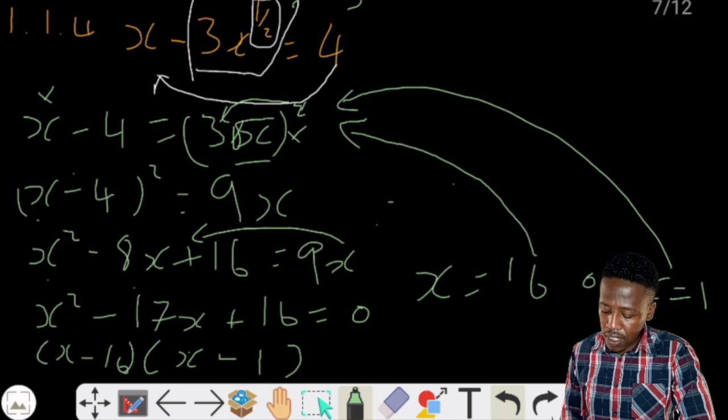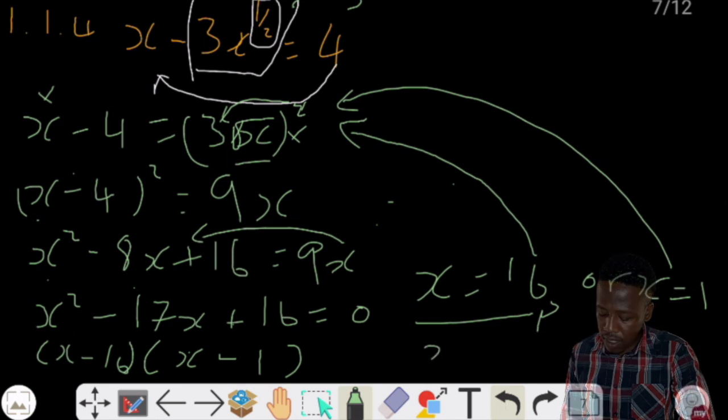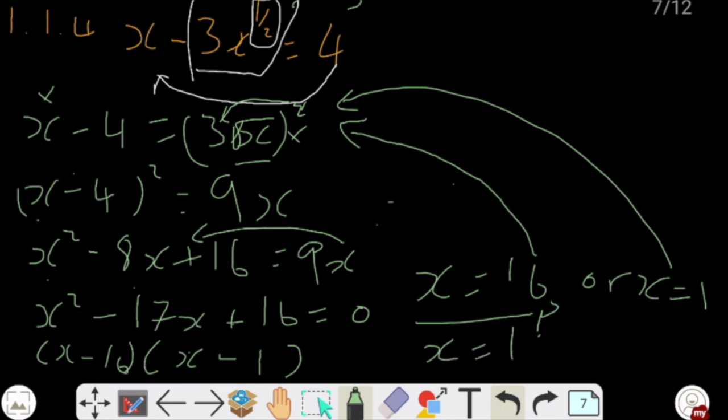After checking, you will see that the 16 is correct, and then the 1 is not correct, meaning your answer is x equals 16, or x should not equal 1.